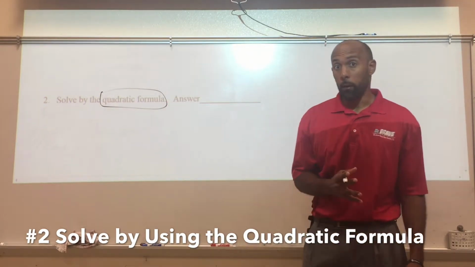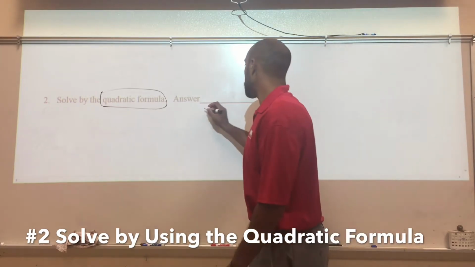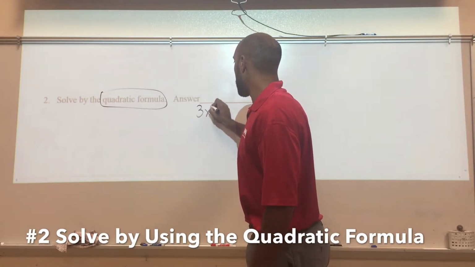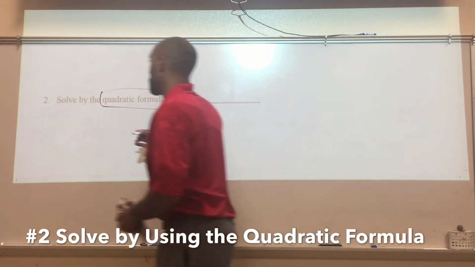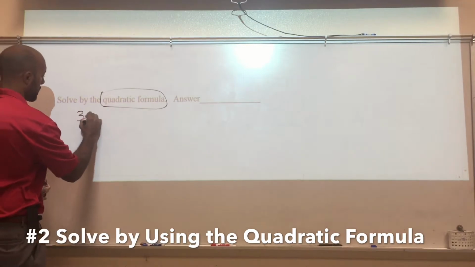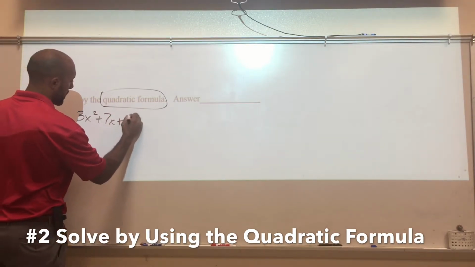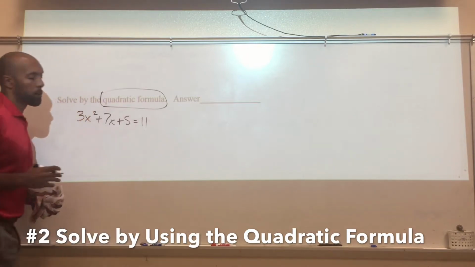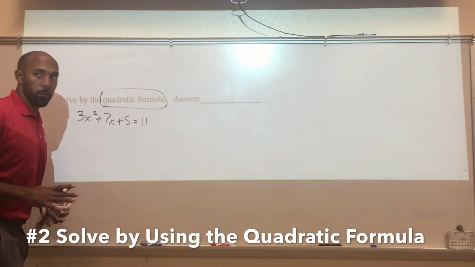So first thing we need to do, let's write down the problem, because it's from above. Actually I'm going to write that over here on the left side. So I got 3x squared plus 7x plus 5 equals 11. I don't actually need to rewrite the original problem.